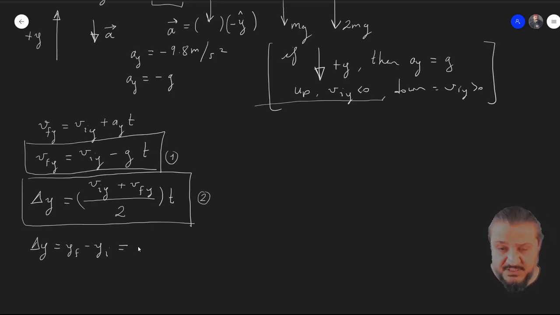But the second equation will be VIY T, okay, this is the first term, and the second term goes like plus 1/2 AY T squared, right? So I'm going to take this and write it as VIY T minus 1/2 G T squared.